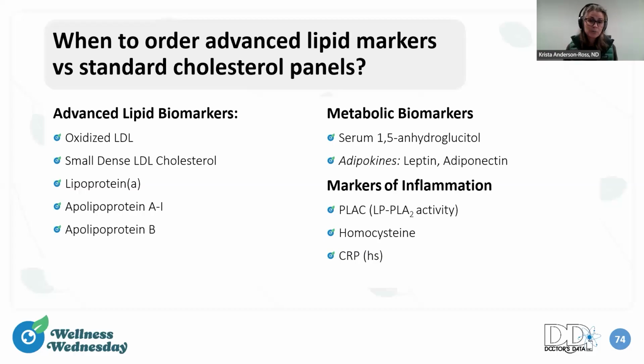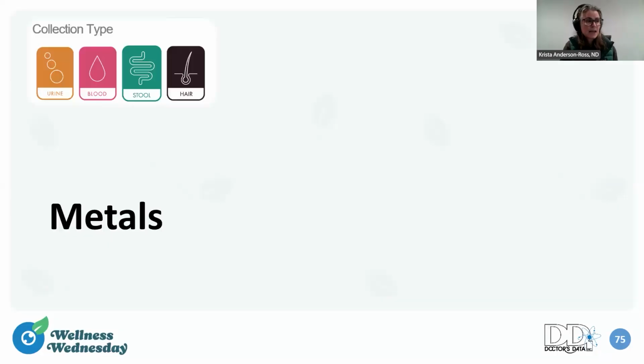The panel is going to outperform a standard cholesterol test because it's going to measure that particle risk with ApoB, Lp(a), and small dense LDL, oxidative stress with oxidized LDL, and metabolic dysfunction with 1,5-anhydroglucitol and adipokines, as well as inflammation with Lp-PLA2, homocysteine, and hsCRP, all enabling you to get that early intervention.